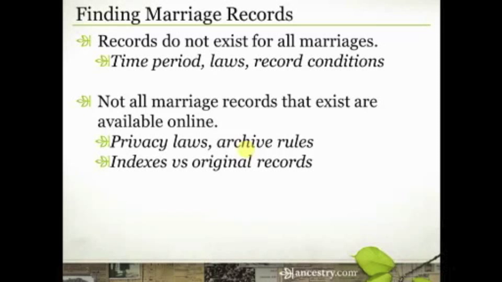And so they don't want anybody to have access to them until they figure out how and if they can preserve them. So just because records exist doesn't mean they're available online. So hopefully if you can't find what you're looking for online, you will make the effort to call the courthouse or the archive in the county or the country in which you are interested in looking for that particular record.